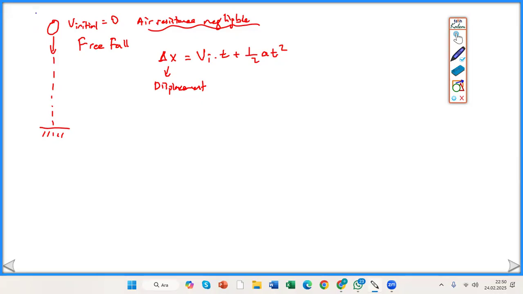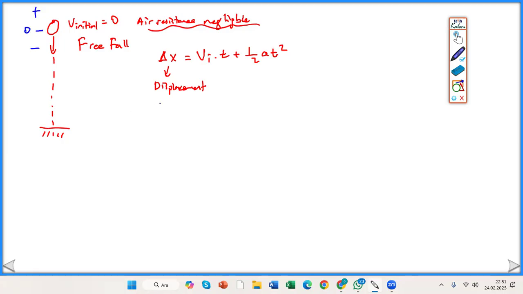Upper part is assumed positive, and down is negative. Starting point is the 0 point. When falling down, its direction is negative, and if it goes up, direction is positive.